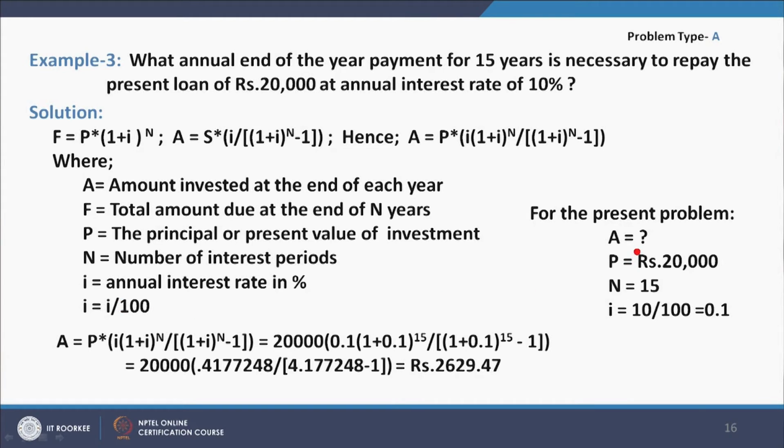Now, A is not known, P is known, it is 20,000, n is 15 years, I is 0.1. So in this equation we put the values and find out that A is rupees 2629.47. Let us see a different problem, which is problem type B.